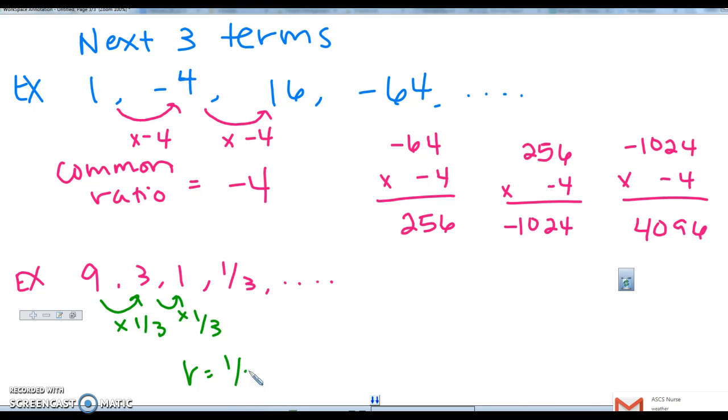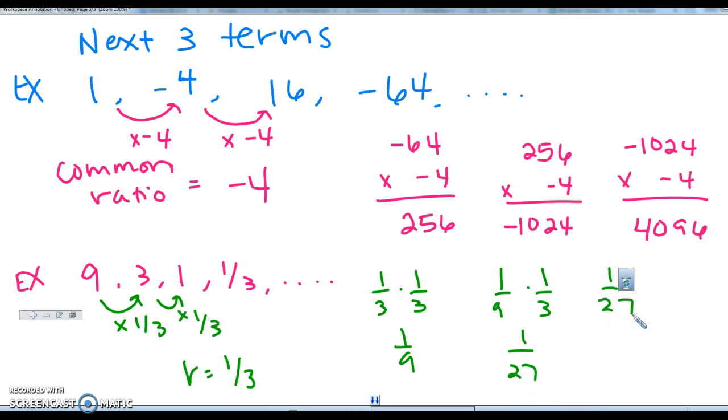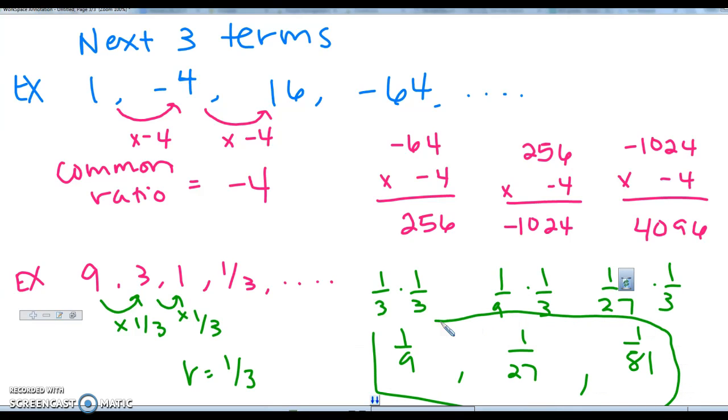So if I multiply 1/3 by 1/3, I get 1/9. If I do 1/9 by 1/3, I get 1 over 27. And if I do 1 over 27 by 1/3, I get 1 over 81. So my next three terms are 1/9, 1/27, and 1 over 81.